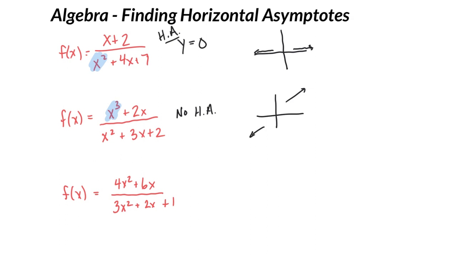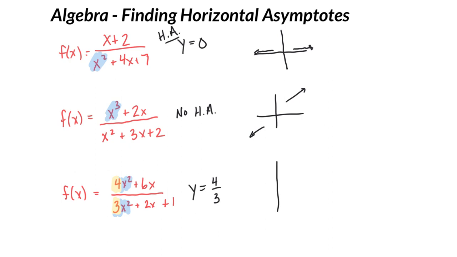Now, my favorite is this last example where we have a tie. We've got 4x squared and we've got 3x squared. Whenever we have a tie in our highest powered thing, we just go to the coefficients. 4x squared, 3x squared, and we make a fraction and say it's going to level out at 4 over 3.